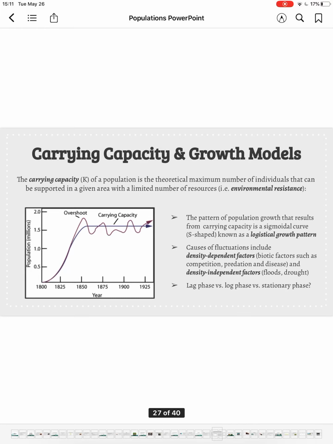So if we're looking at different species, basically, they have a carrying capacity, and what that means is it's a theoretical maximum number of individuals that can be supported in a given area with a limited number of resources. So what that means in normal terms is that this is how many species can live in an area without running out of resources.